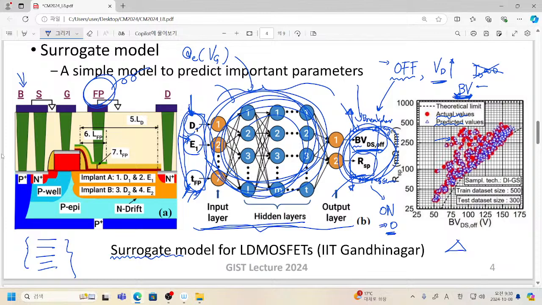After that, you get a well-established complicated expression and numerically solve that equation. So finding the relation between Qe and VG, that was the exact relation. However, that cost a lot of human effort. However, if you just have this kind of neural network and collect the simulation data and dump it to your neural network, then the neural network can do anything for you blindly.